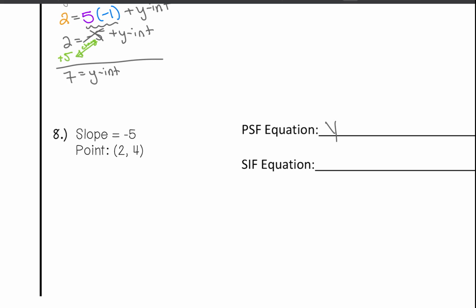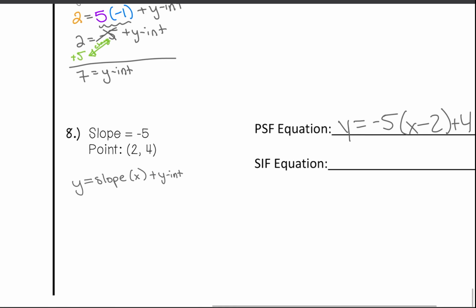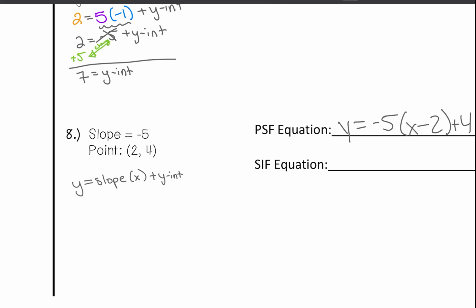So looking at number 8, point-slope form, we have negative 5 times x minus 2 plus 4. Again, using slope-intercept form, we're going to paste this over here. Our y value is 4, so we're going to replace y with a 4.